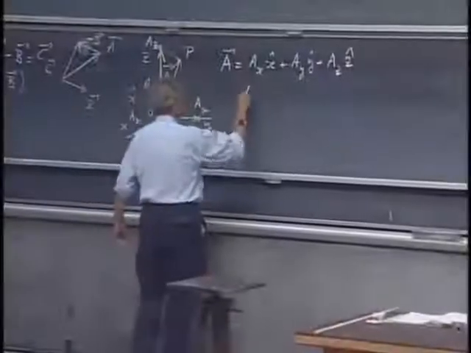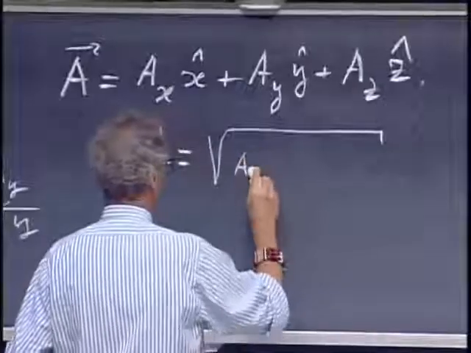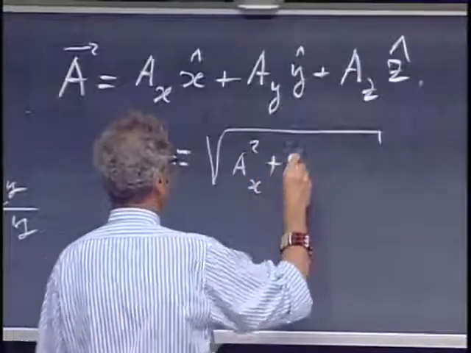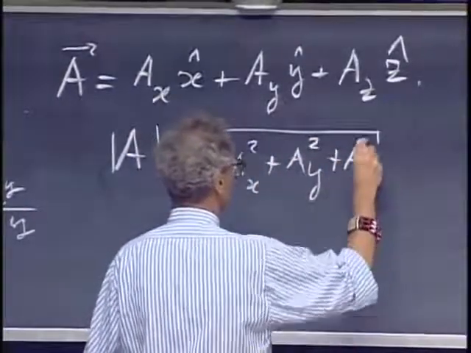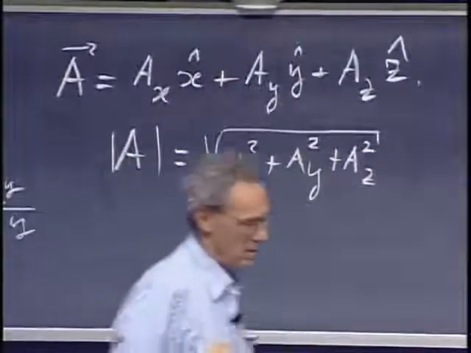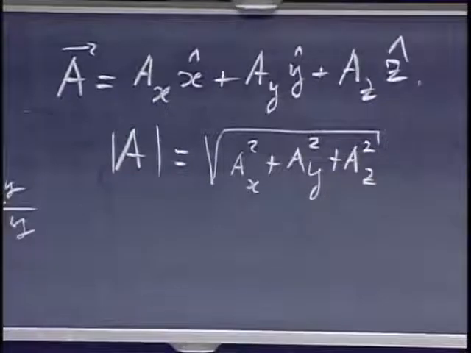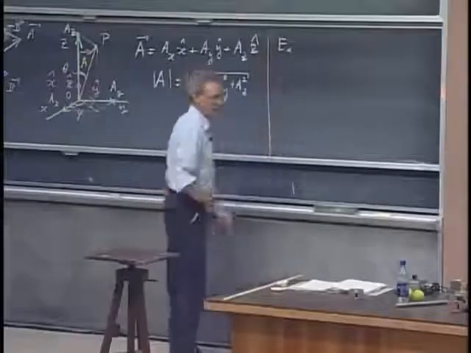The magnitude of the vector is the square root of A x squared plus A y squared plus A z squared. And so we can take a simple example. For instance, I take a vector A. So this is just an example to see this in action.